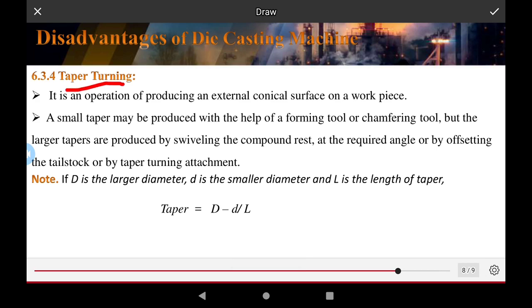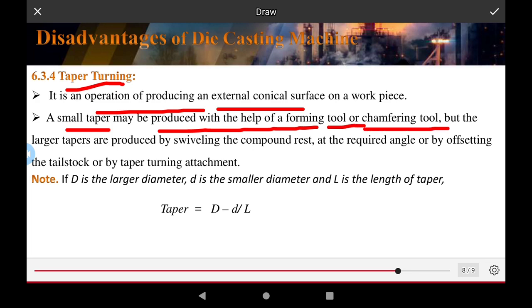Taper turning. Taper turning is the operation of producing an external conical surface on a workpiece. A small taper is produced with the help of forming tools or chamfering tools, but a large taper is produced by swiveling the compound rest, offsetting the tailstock, or using a taper turning attachment.